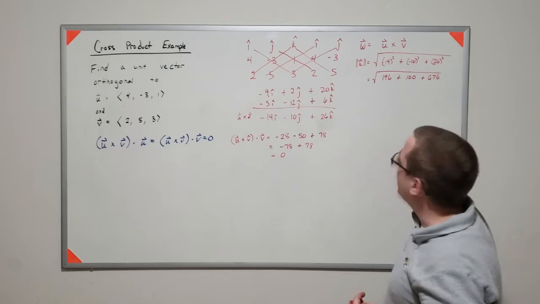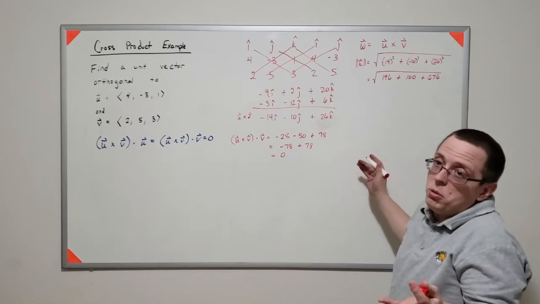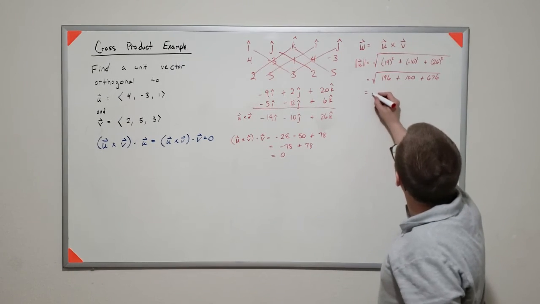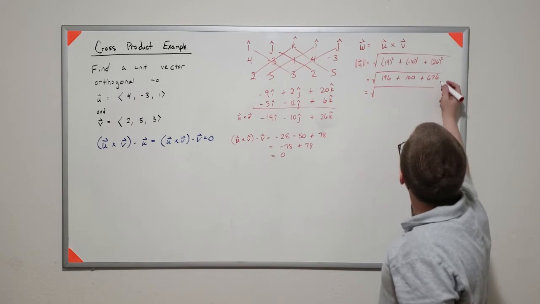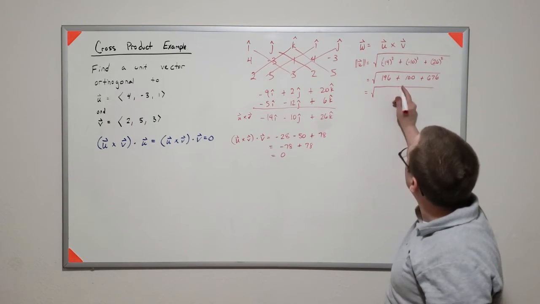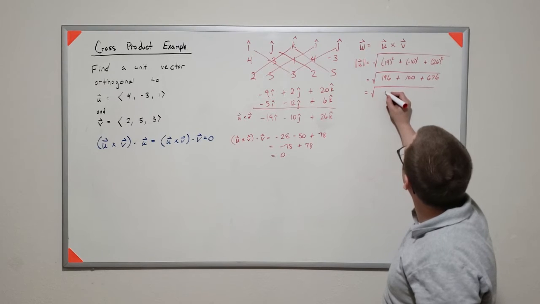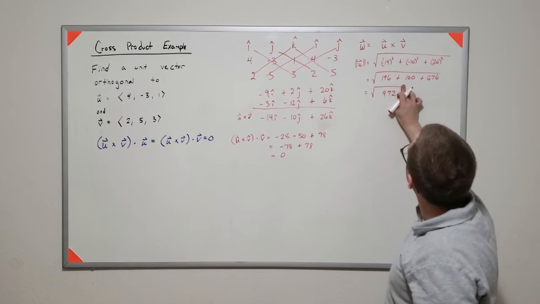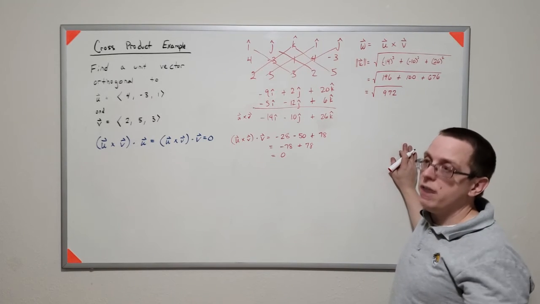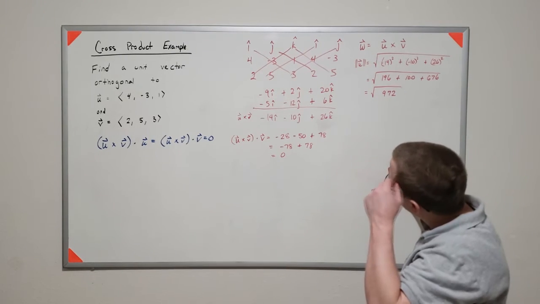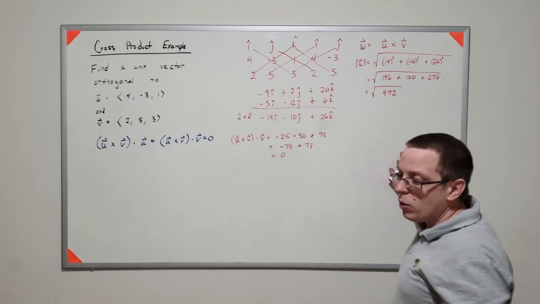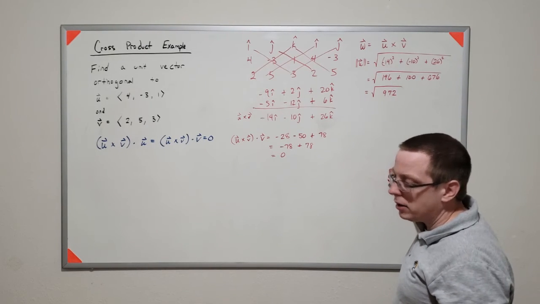Don't ask why I know that. Also, maybe wrong. So then that's 972. So the square root of 972. And I know we can at least take a 4 out of that.